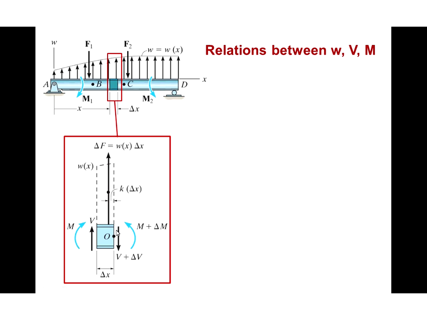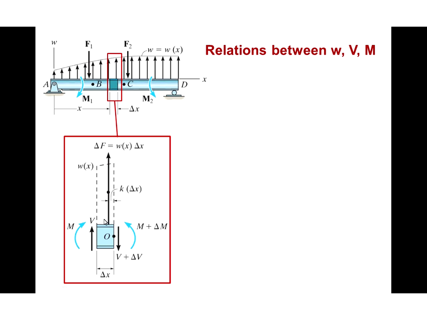On the right side of that little slice, we have a shear force V plus delta V pointed downward, where the shear force is some small amount different from that on the left. Similarly, we have a bending moment on the right side that is counterclockwise, represented as M plus delta M, where the bending moment is different from that on the left by some small amount delta M.